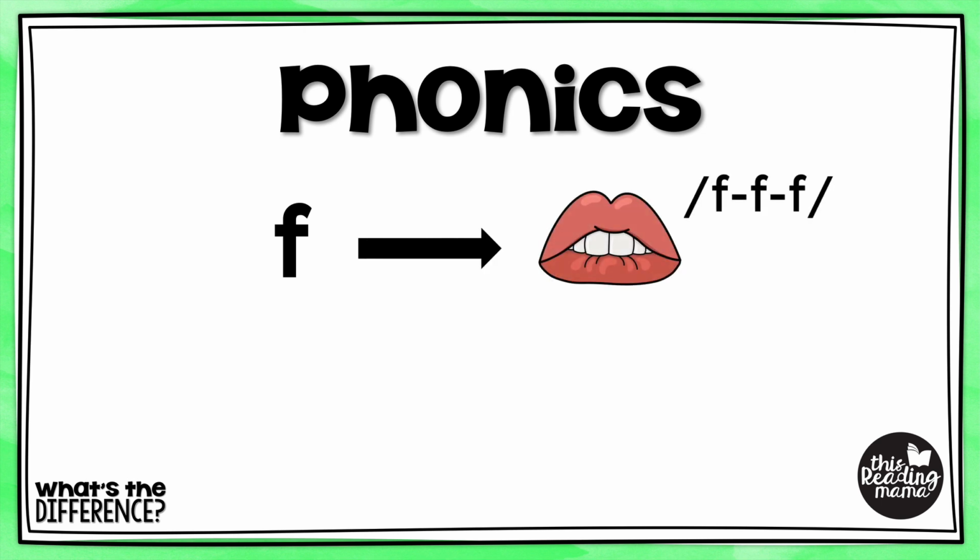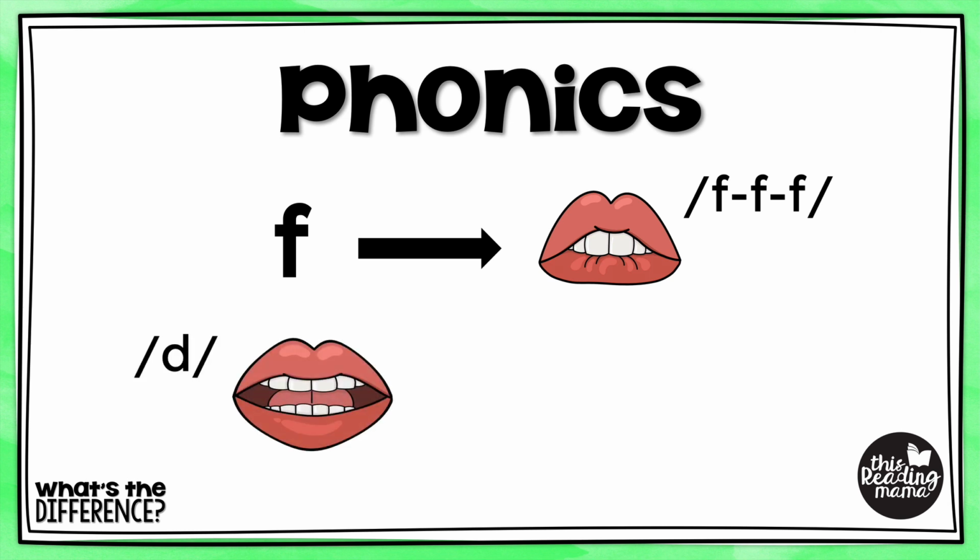Reversely, a child with an understanding of phonics would know when they hear the sound /d/, the letter D can represent that sound. So it's going to go from the letter to the sound, or from the sound to the letter. And again, those are our graphemes and our phonemes.